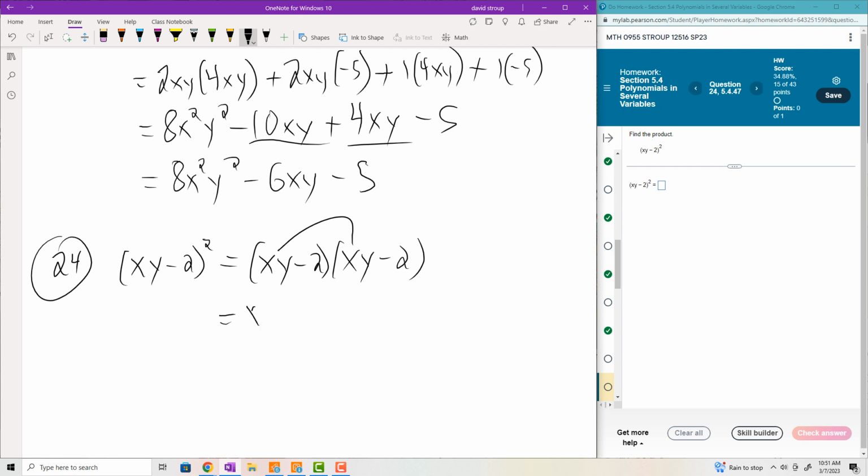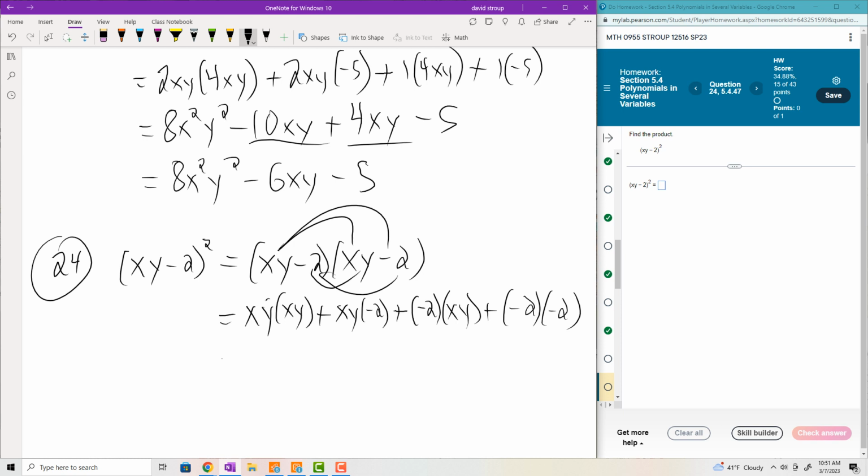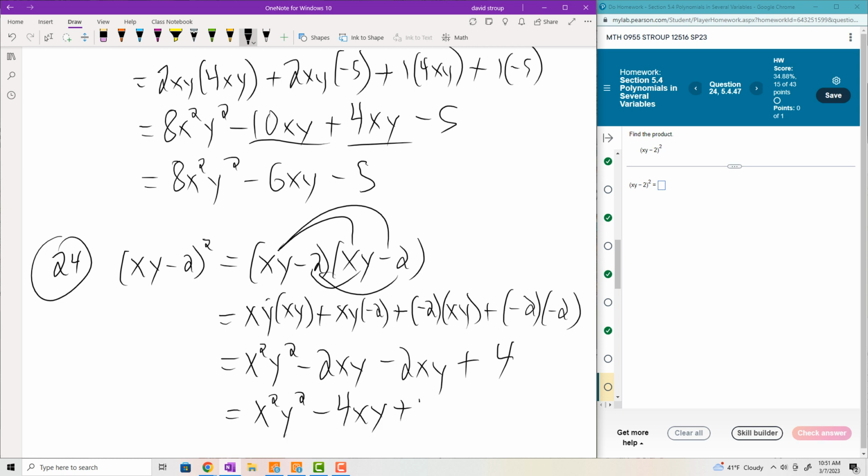So you'll have xy times xy, xy times negative 2, negative 2 times xy, and then negative 2 times negative 2, multiplying out. So that would be x squared y squared minus 2xy minus 2xy plus 4. So that'll be x squared y squared minus 4xy plus 4.